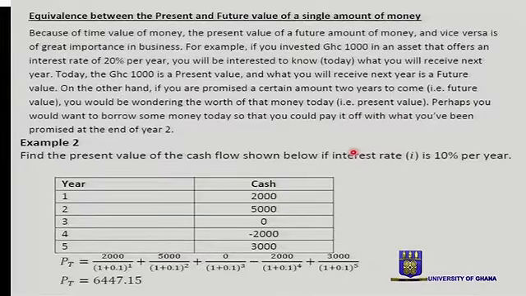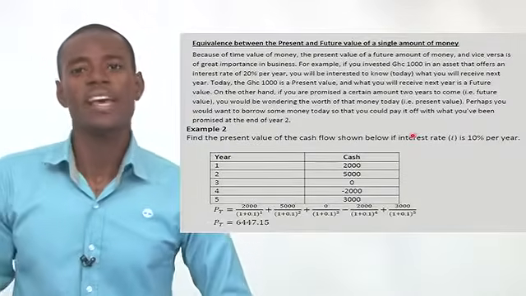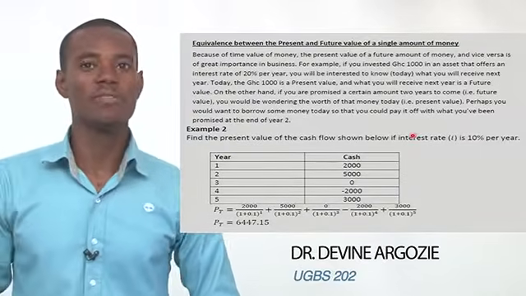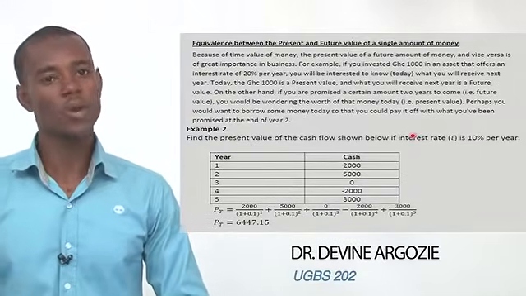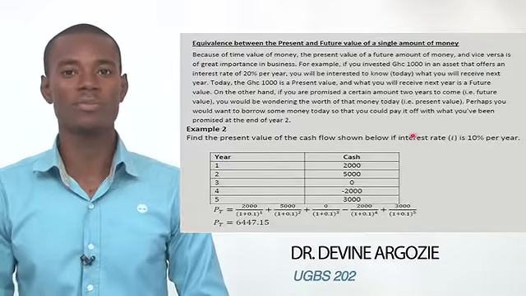For example, if you have invested 1,000 cedis in an asset that offers an interest rate of 20% per year, you will be interested to know today what you will receive the next year. If you're going to do some investment, you would want to know how much you would get at the end of the investment period, isn't it?